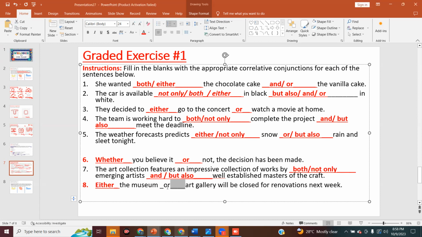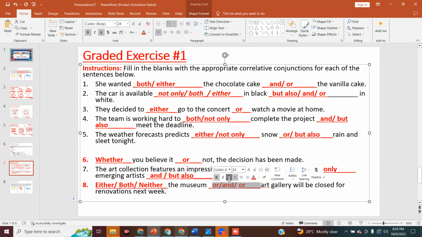That's not the only one that could work. I put both and. Neither and or, neither could work. So if you use both, you have to use and, and if you use neither, you have to use nor. As you can see, for these correlative conjunctions, multiple could be used at the same time.